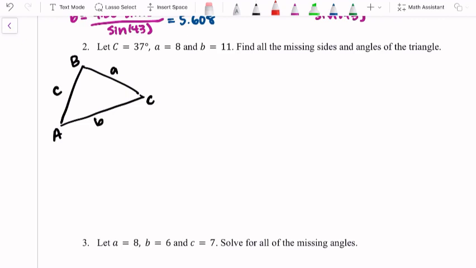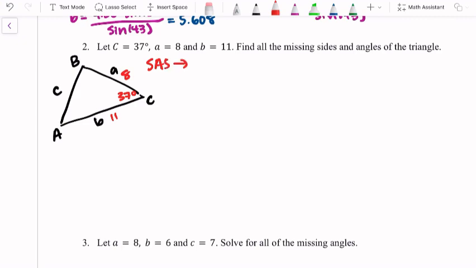All right, okay, so this time we're given angle C, so angle C is 37 degrees, side length A is 8, and then side length B is 11. So I'm given an angle and a side, so I think we have side, angle, side.